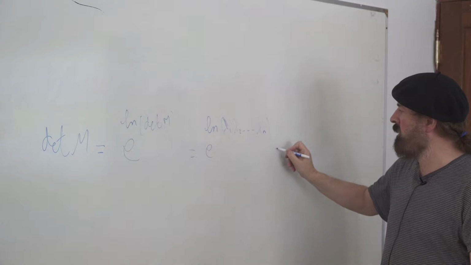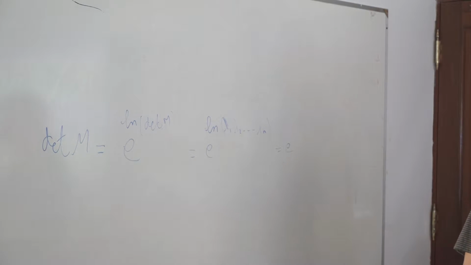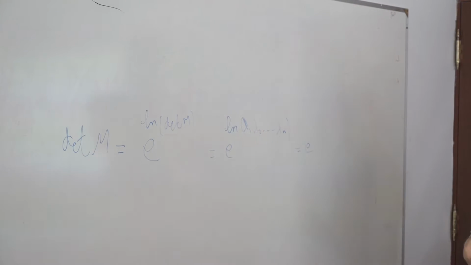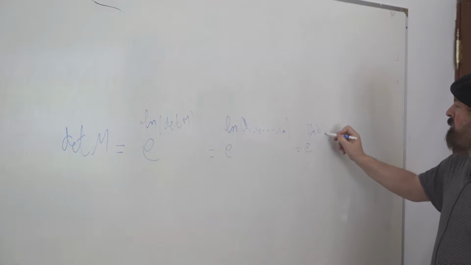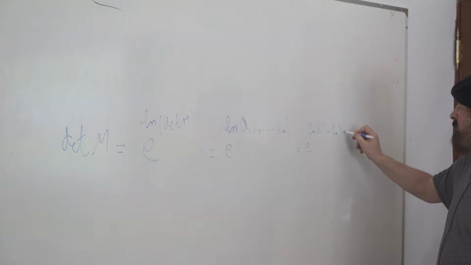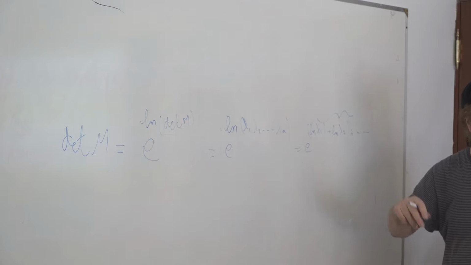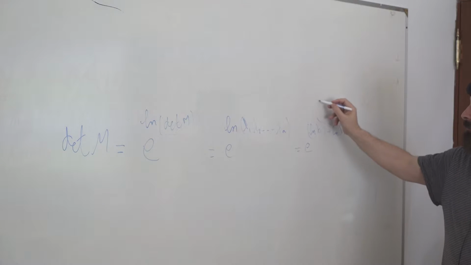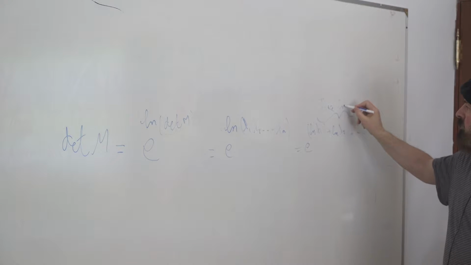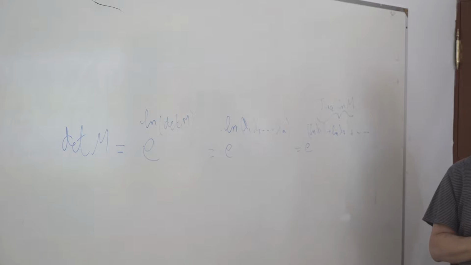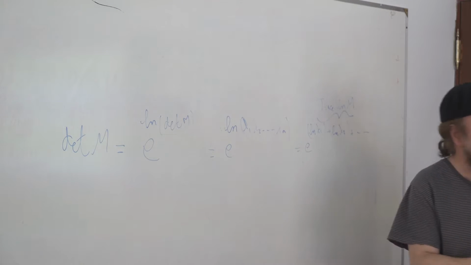And we know that the logarithm of a product is equal to the sum of the logarithms. So this is log of lambda 1 plus log of lambda 2 and so forth. This summation is what you mean by a trace, the trace of the log of your matrix. So this is why you have this formula.